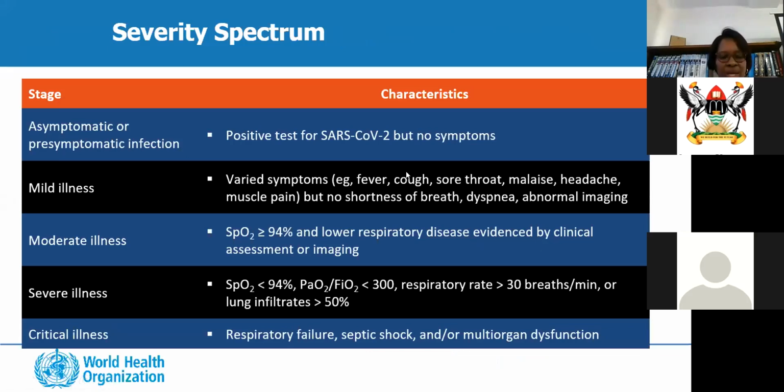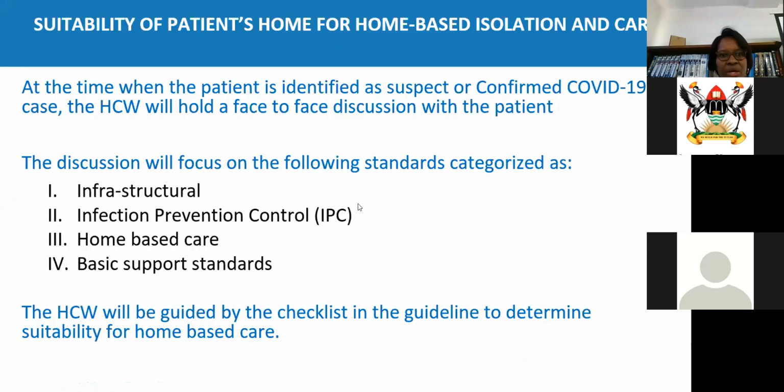I'm displaying this again to show you that only the asymptomatic, pre-symptomatic, mild and moderate cases are fit to go into home-based care, and the others, the severe illness and critical illness, should be in the hospital setting.